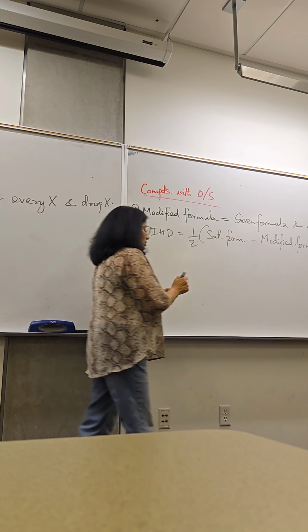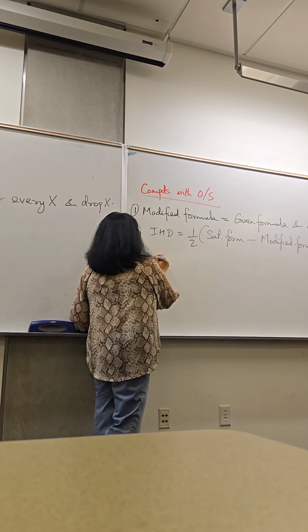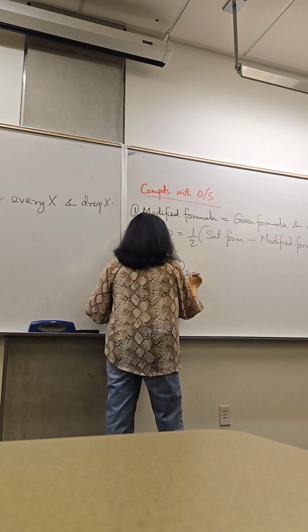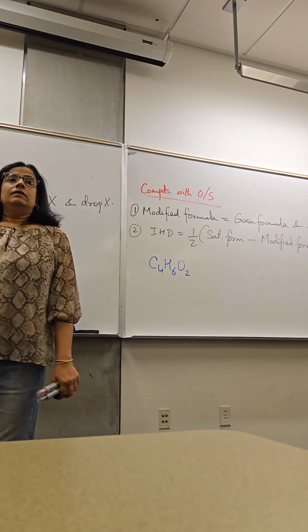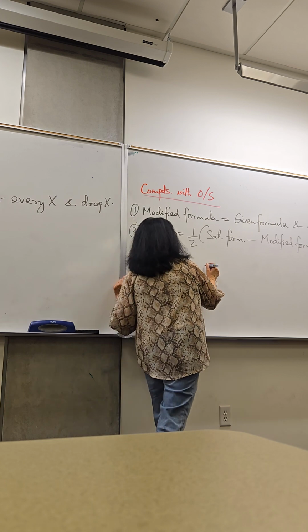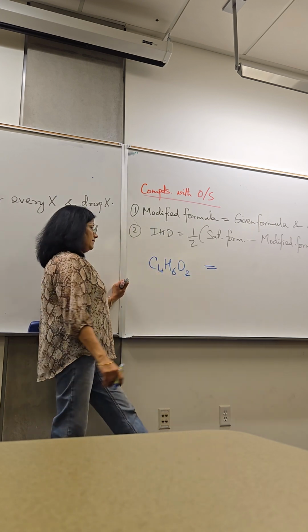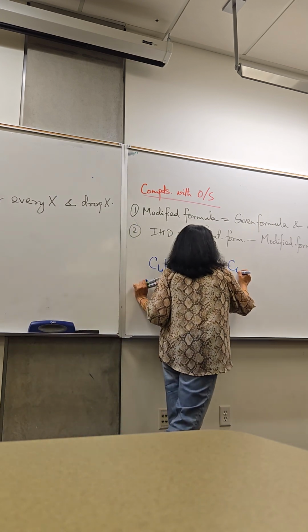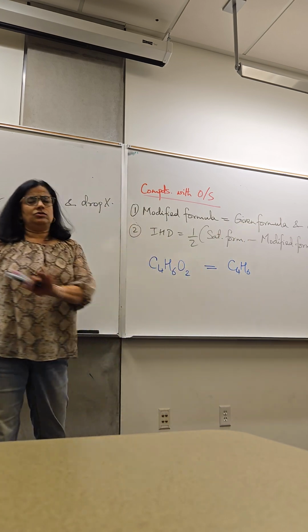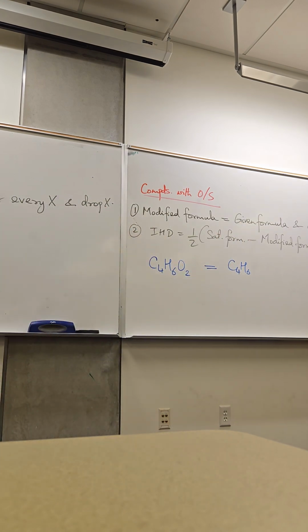So for example, what would be the modified formula? C4H6. Does everybody agree? All we're doing is taking the O's and S's out. Nothing else needs to be done.